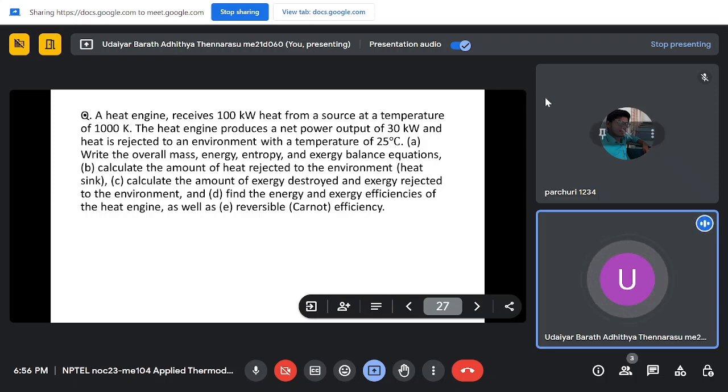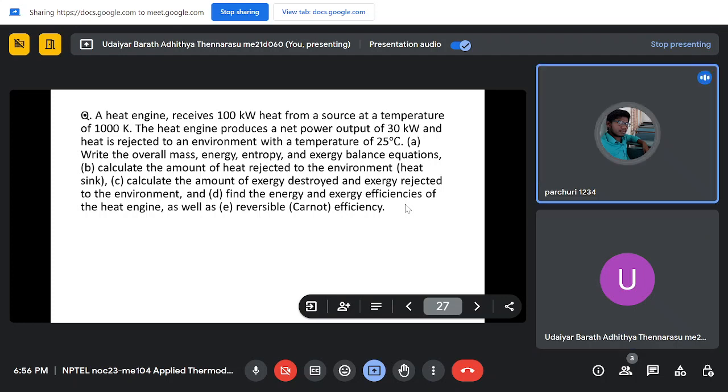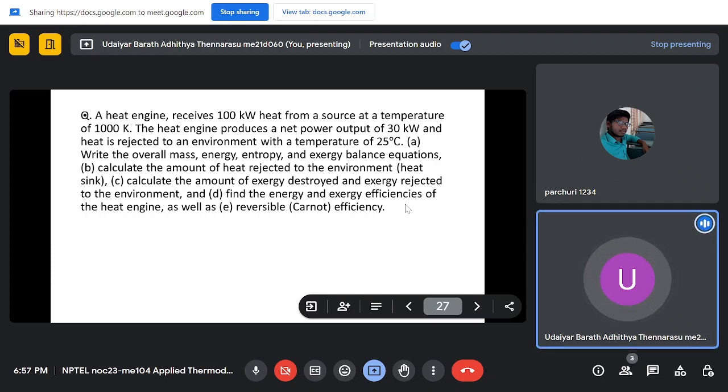So may I know how much did you get Carnot efficiency? It came very high, sir. 0.95 something. I did wrong. Okay, we'll see how the solution is. Then I think you can revisit what mistake you are making.